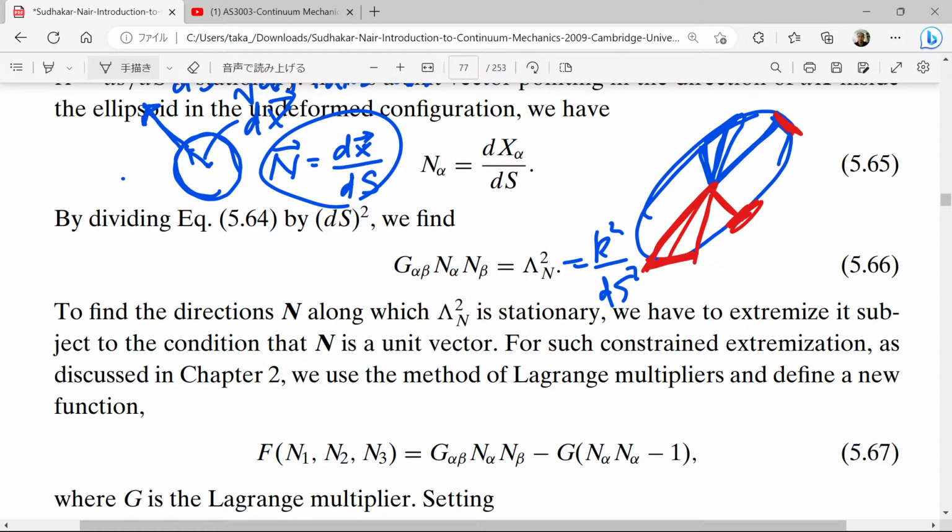To find any direction along which lambda n squared is stationary, we have to extremize it subject to the condition that n is a unit vector.